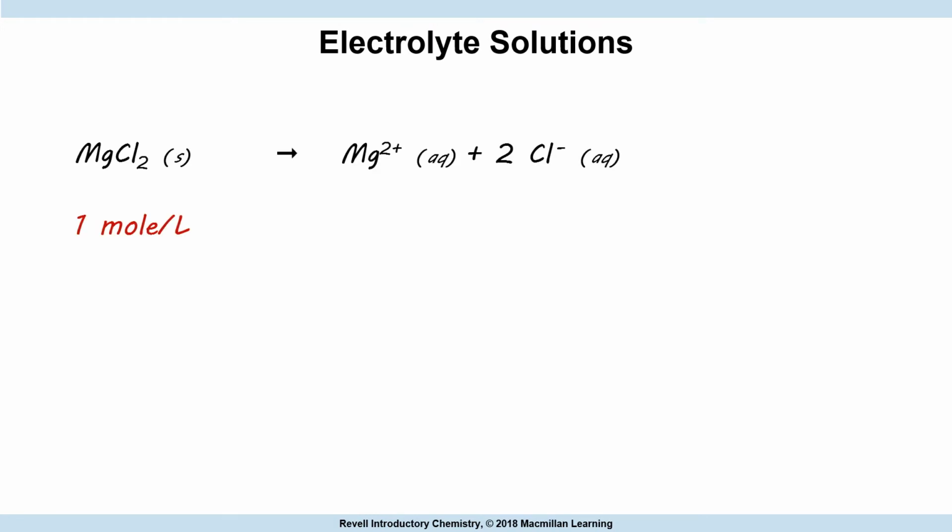So if we talk about this at the molar level, let's take a mole per liter of magnesium chloride. Now, you should feel good that we're really using a lot of the knowledge that we've learned earlier. Magnesium is a group 2 metal, so it's magnesium 2+, and then we recall that chloride is a group 7 nonmetal, so it's a -1.